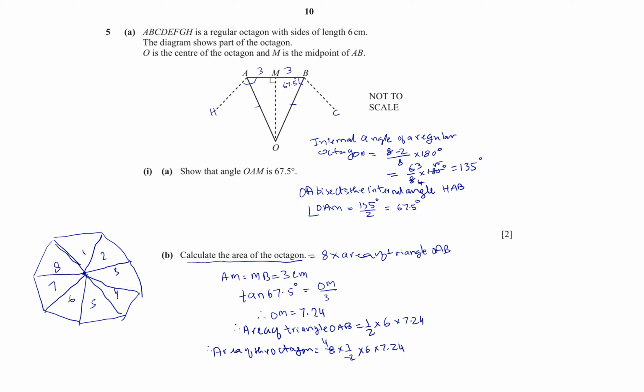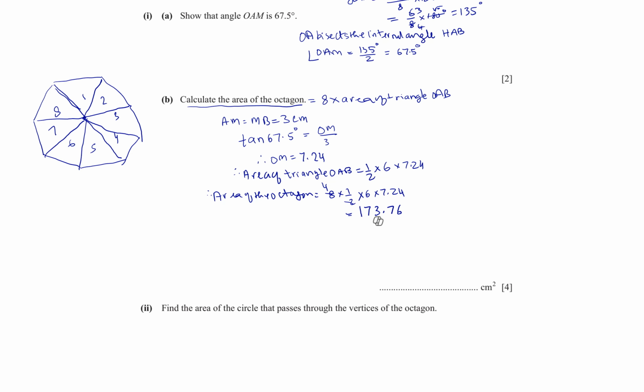So I can write 173.76 as 173.8 centimeters square. That is the area of the octagon.